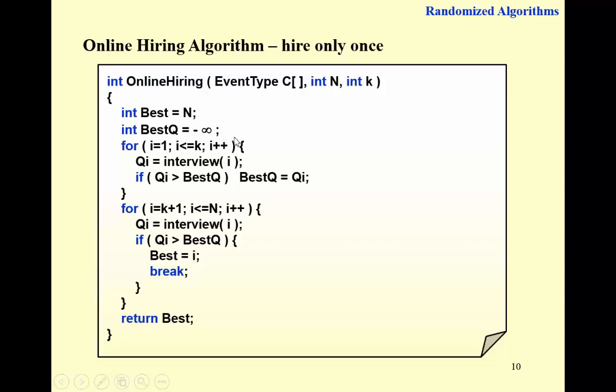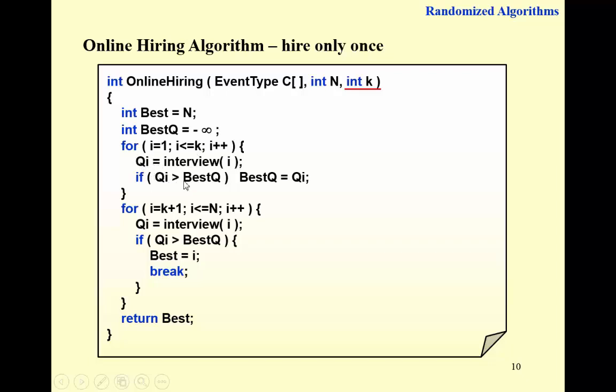All right? And then we begin to interview the first K candidates. Notice here, besides the candidate information plus the total number of interviews we're supposed to give, there's another parameter passed in, that's the integer K. Okay, so for the first K candidates, we just interview them and obtain their qualities.